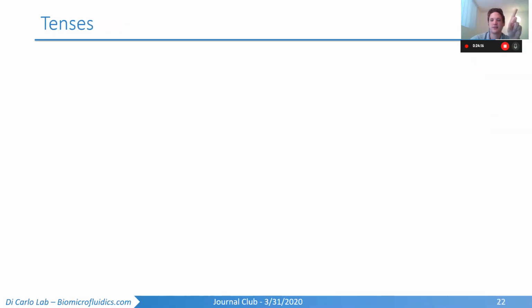Cool. So just a quick review of how to use tenses in your writing. If people have other opinions on this, feel free, we can discuss it. Present tense is usually used for most findings and observations.